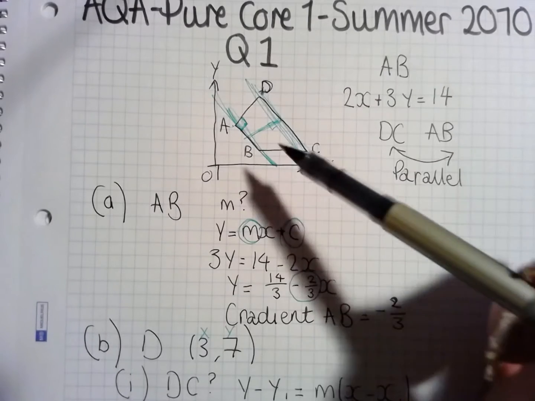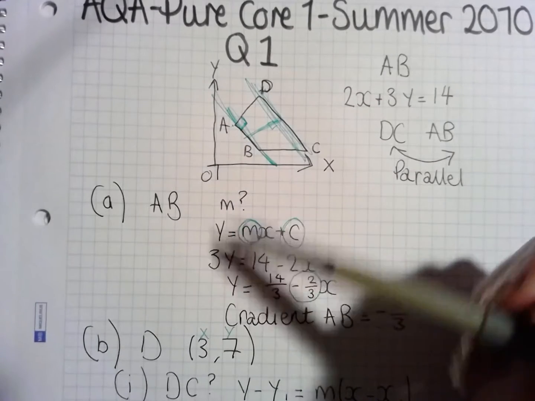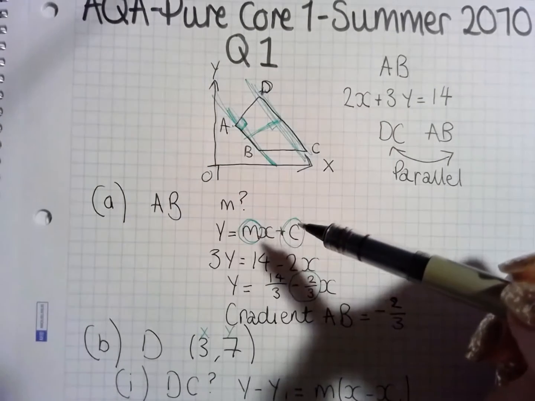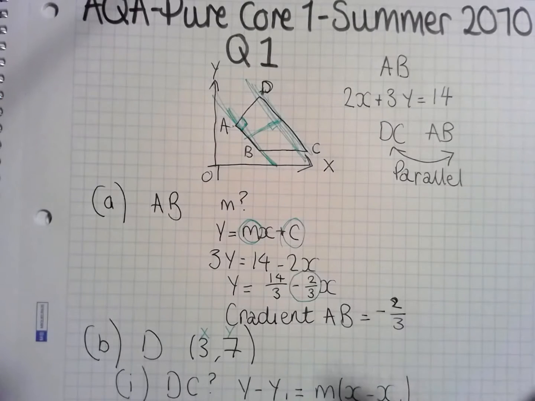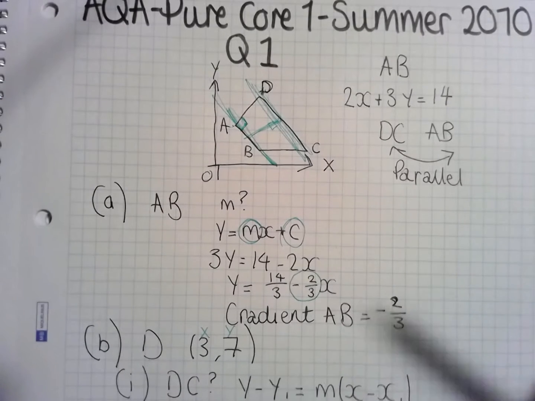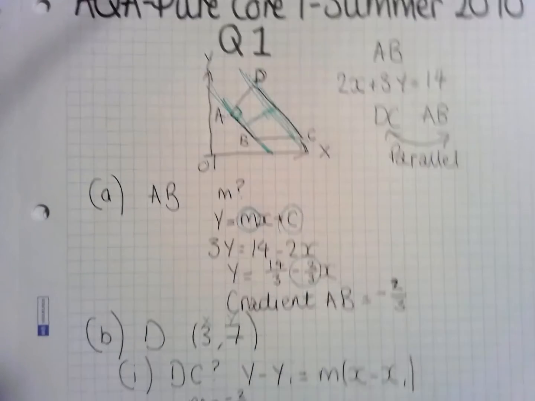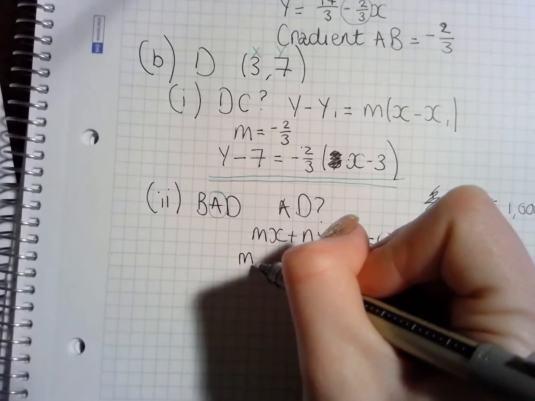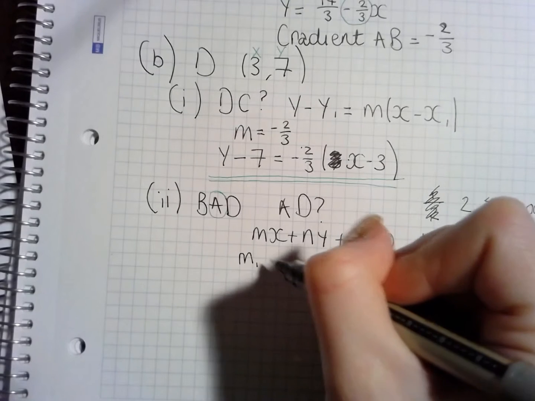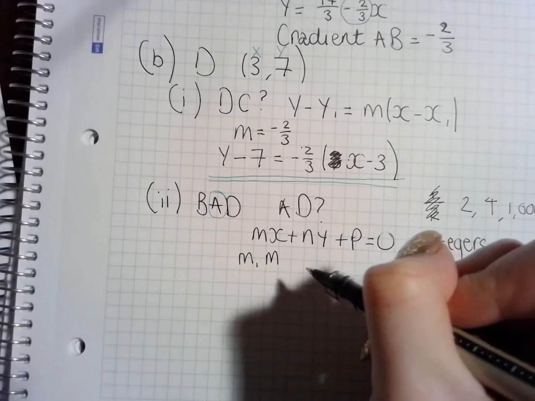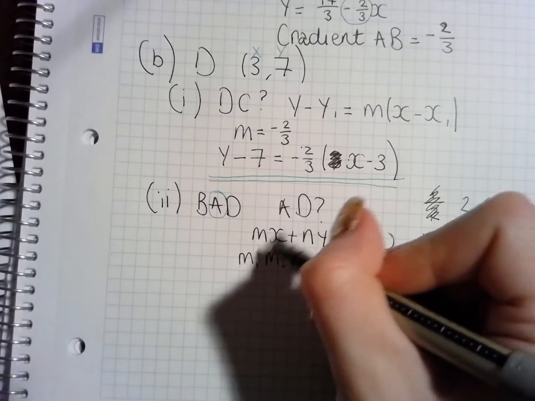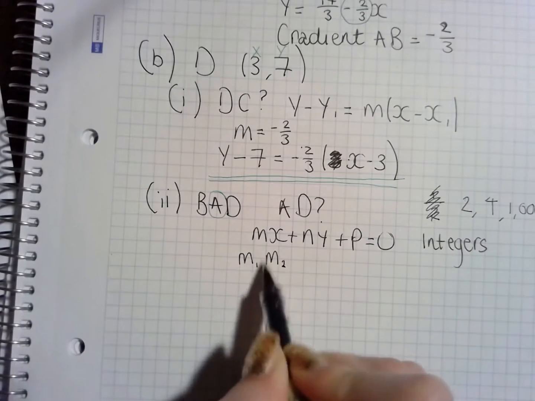You know in the AQA syllabus, it says that if two lines are perpendicular to one another, then if you times their gradients together, they equal -1. So if you times the gradient of AB with the gradient of the line AD, which you're looking for, this M2 here, this is exactly what you want.